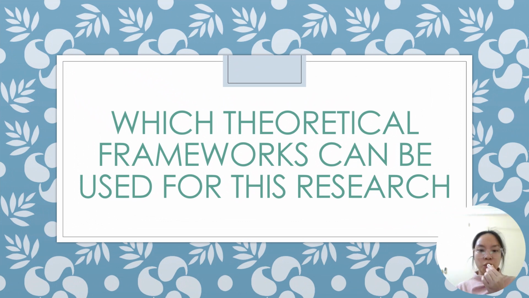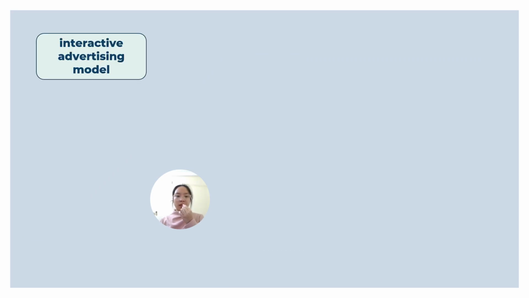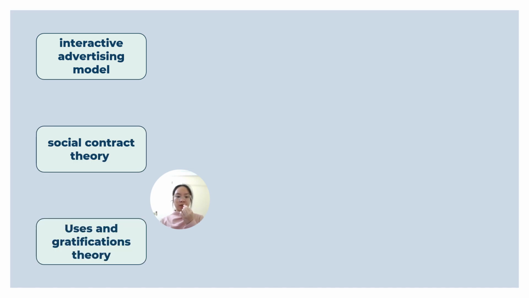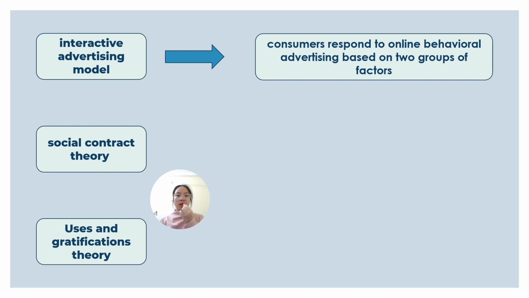Which theoretical framework can be used for this research? These are the interactive advertising model, social contract theory, and uses and gratifications theory. The interactive advertising model explains how consumers respond to online behavioral advertising based on two groups of factors: advertiser-controlled factors and consumer-controlled factors.